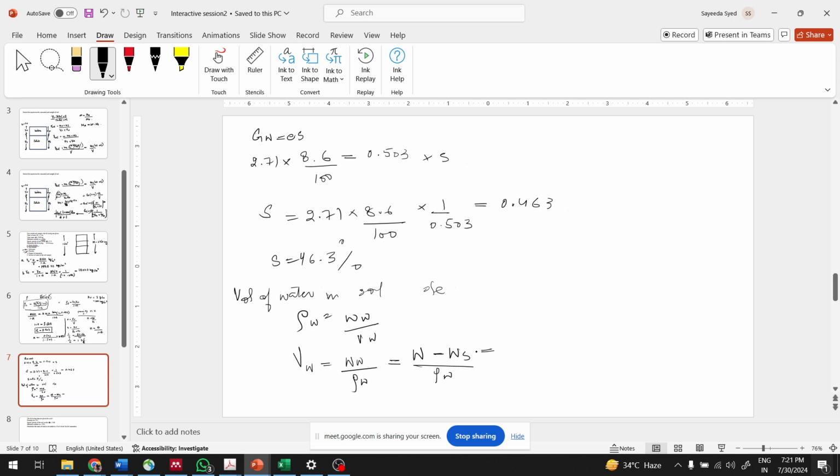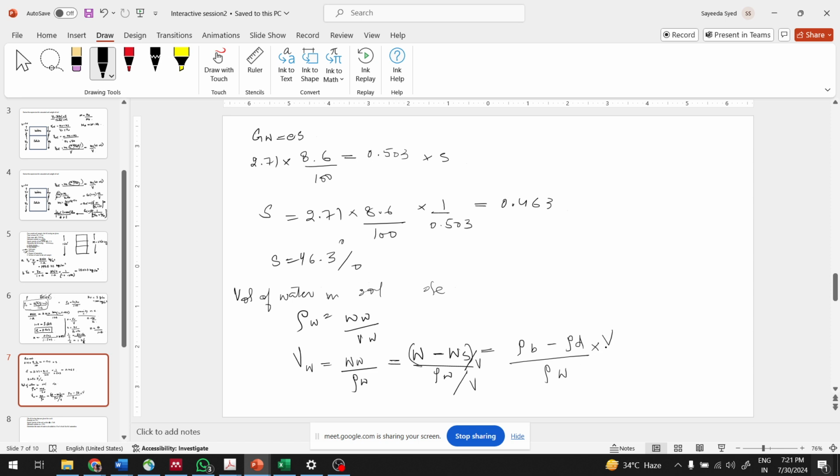We will divide both denominator and numerator by total volume. This will be gamma bulk minus gamma dry over rho W into volume.